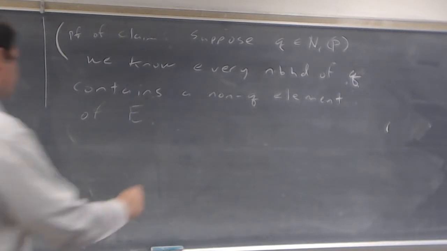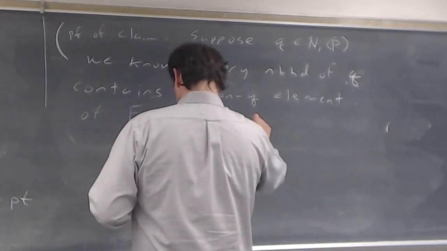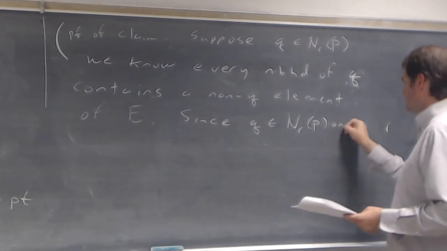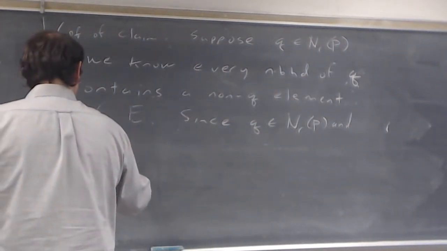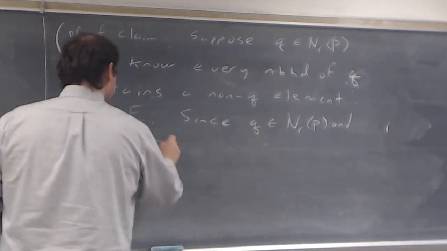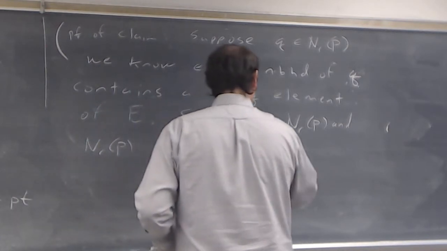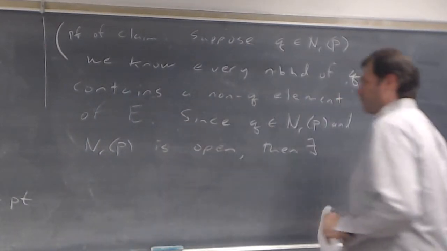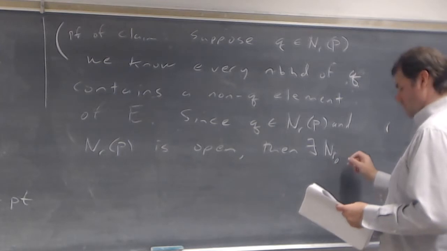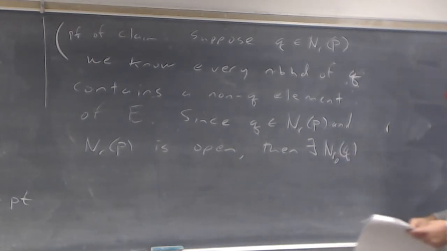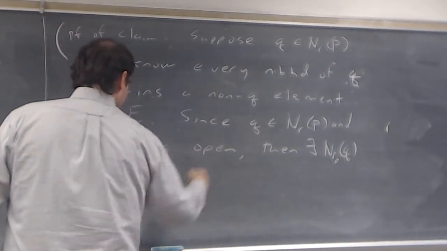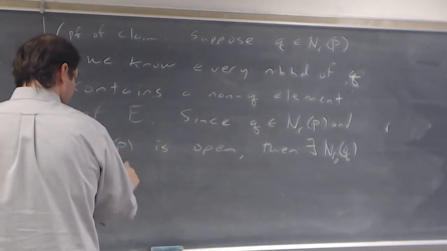Okay, so since Q is an element of this neighborhood, and this neighborhood is open, then there exists an N sub r naught of Q, so this is a neighborhood of Q, such that Q has to be an interior point of this set, since this neighborhood is open.